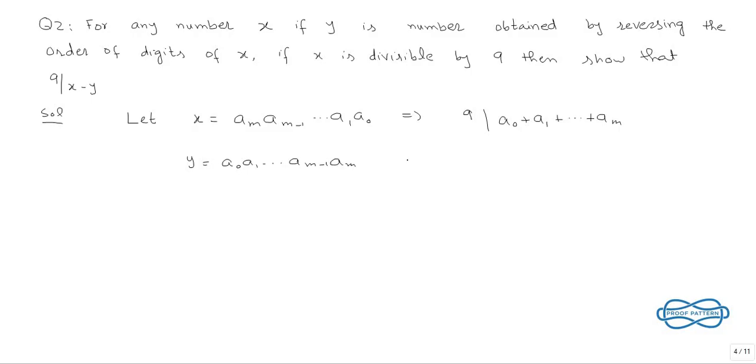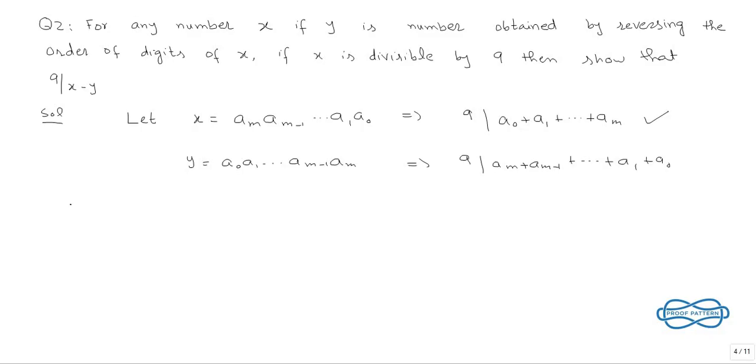We know that a large number is divisible by 9 if the sum of its digits is divisible by 9, and we clearly know that 9 divides a_m plus a_(m-1) plus and so on plus a_1 plus a_0 by this given fact.